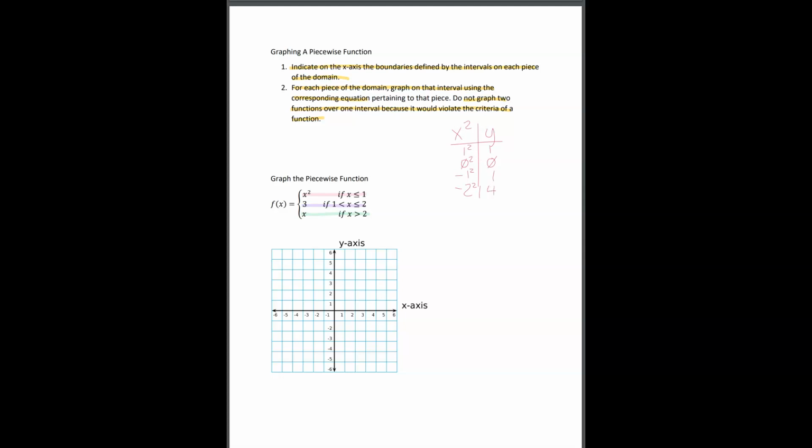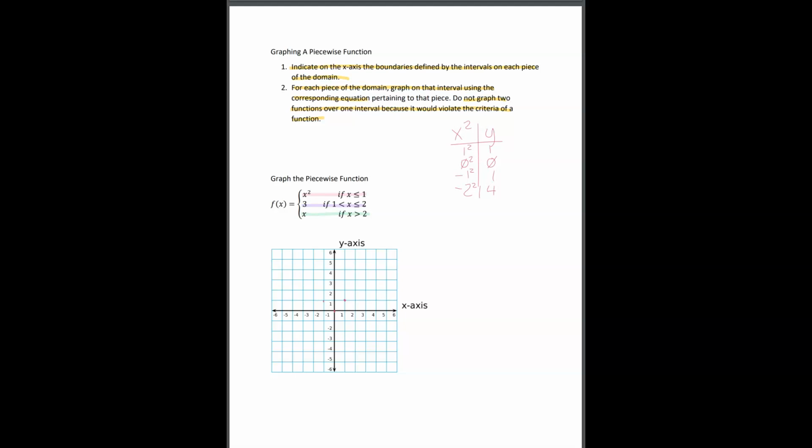So that's what we're going to graph on this, but it has to be less than or equal to 1. So where we're going to graph that is from here over. And it says less than or equal to, so we know it's going to be a filled in dot, right? So it's going to go that way, from here to here, and then we're going to have a 1, and then a 4.